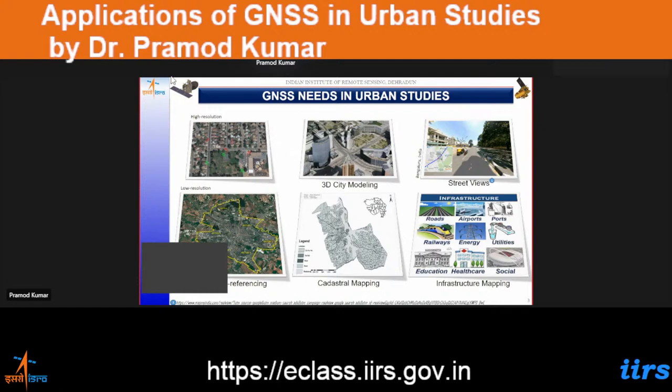So once you have done the georeferencing of your satellite data, then later on you can do 3D city modeling, or you can prepare various kinds of maps, or you can also conduct street views, because you have collected the information from the satellite data, georeferencing has been done, and then based on the three-dimensional information which has been attached to the satellite data, accordingly you can also do the street mapping.